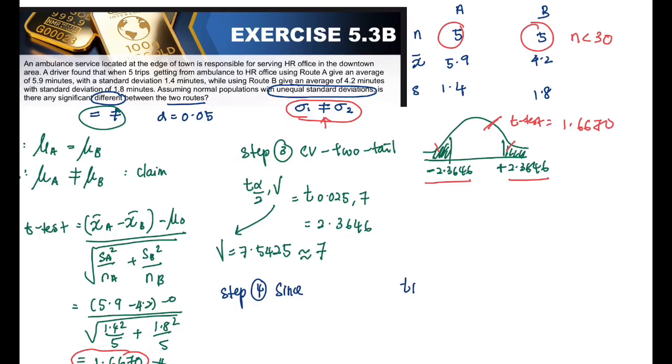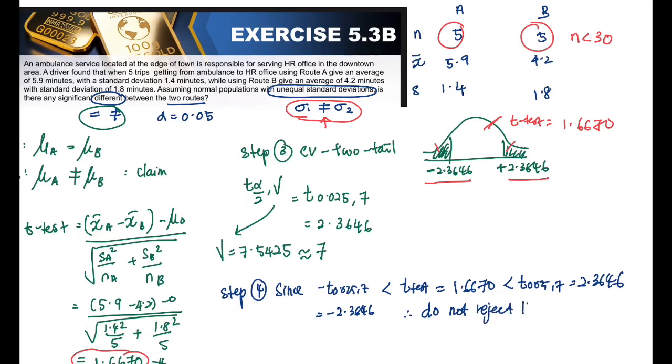Since the t test, 1.6670, is less than t 0.025, 7, which is 2.3646, and greater than negative t 0.025, 7, which is negative 2.3646, we do not reject H null, or we accept H null.